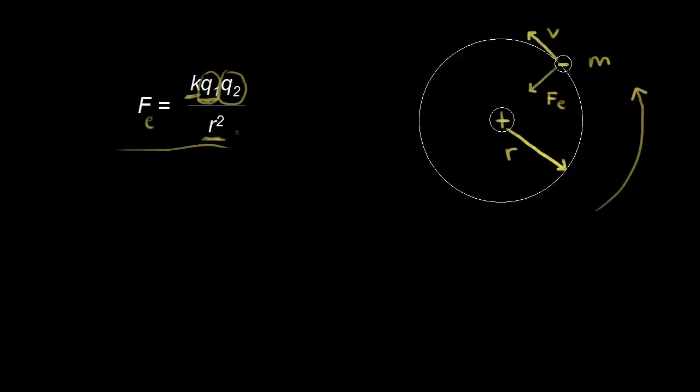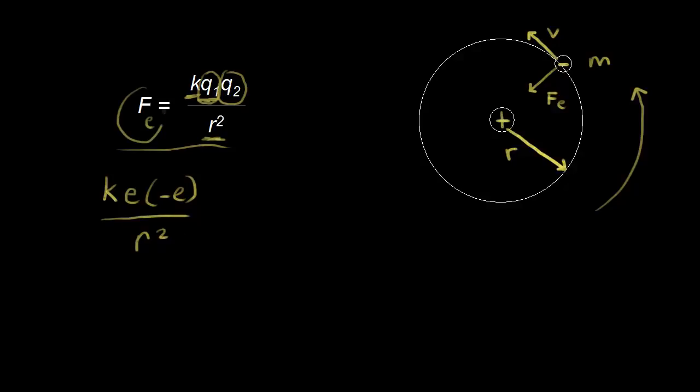Let's go ahead and plug in what we know so far. k is some constant, which we'll get to later. Q1, I said, was the charge on the proton, and we'll say that is e for now, the elementary charge. Q2 was the charge on the electron, and the electron has the same magnitude of charge as the proton, but it's negative, so we put in a negative e here, all divided by the distance between the two charges squared.